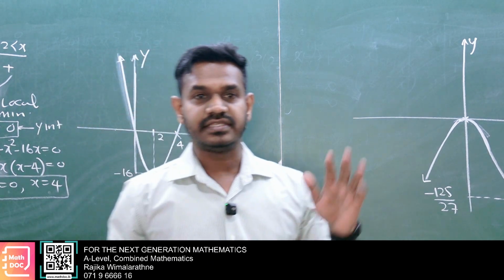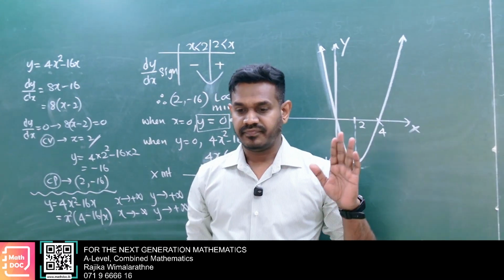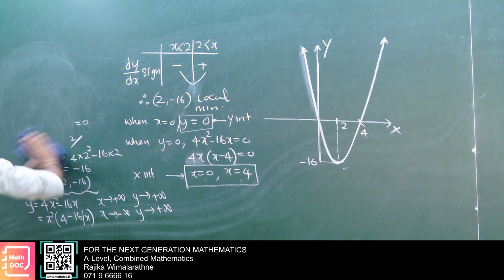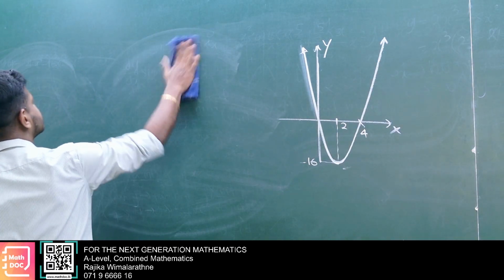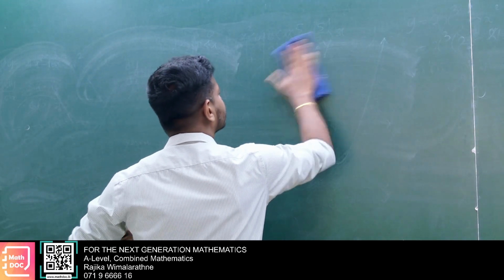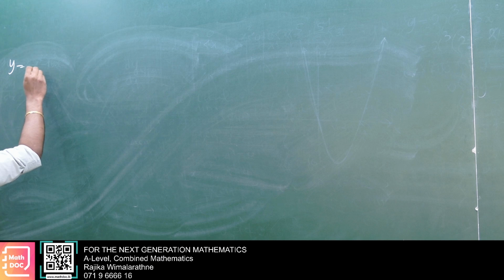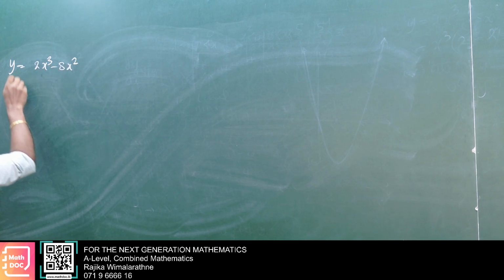Okay, let's start. Further, we have to sketch more functions. You try y equals 2x cube minus 8x squared.